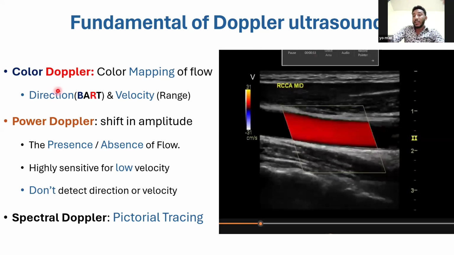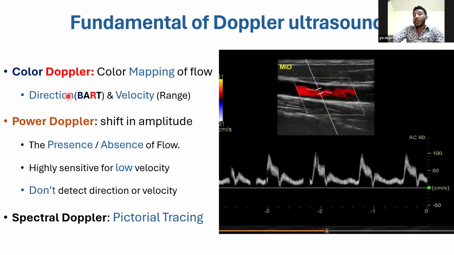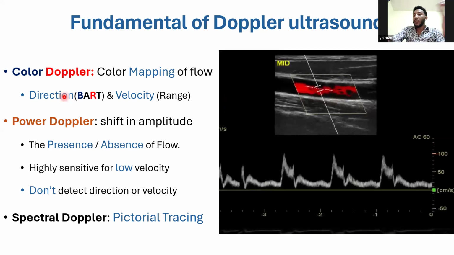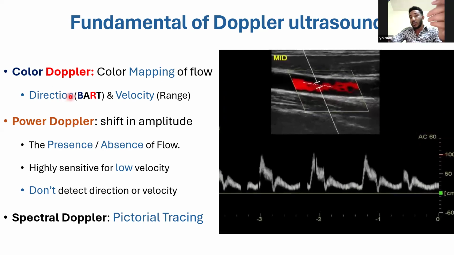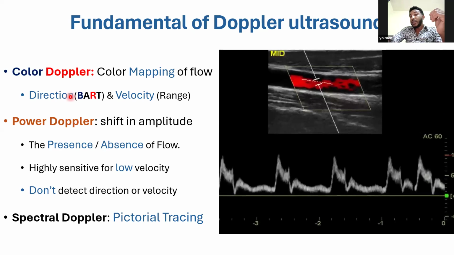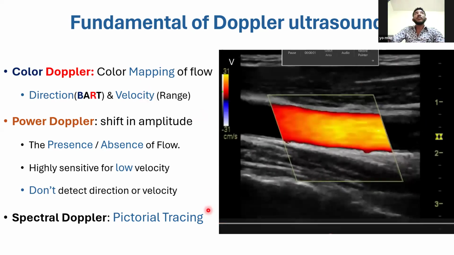It's directional, and that directional flow can be remembered by the acronym PART, P-A-R-T, which means blue is away and red is toward the transducer. And the velocity range will also be indicated in our color mapping system.